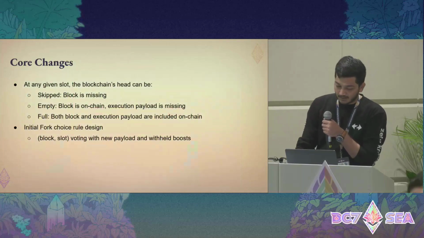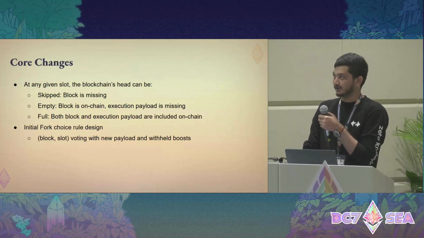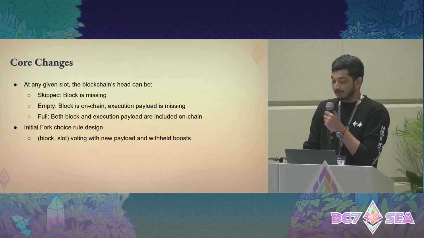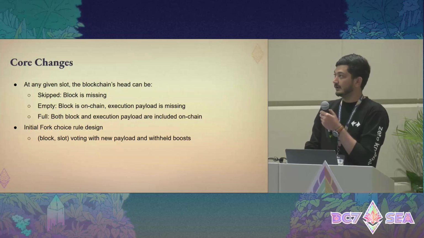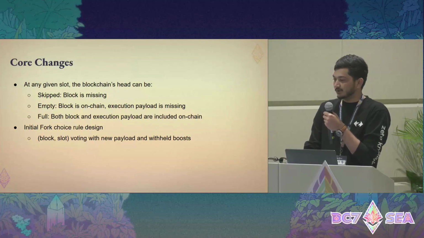So at any given slot, the blockchain's head can be a block from a previous slot if the current slot's proposer did not submit a block. In this case, all the validators would attach to the parent block, and the slot would go without a block.